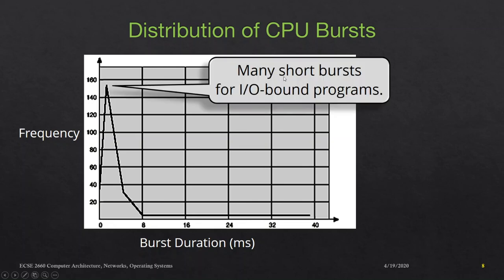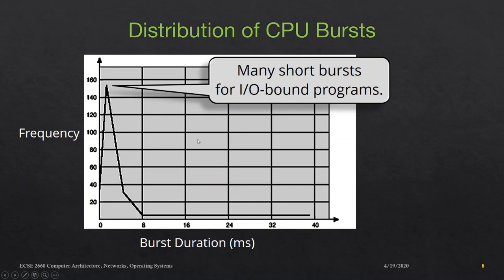So many short bursts, and these are bursts of programs that the CPU is working on, and because we know that it alternates between CPU and IO, they are probably going to be IO bound programs.